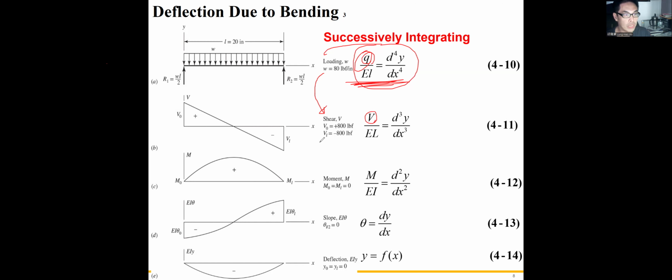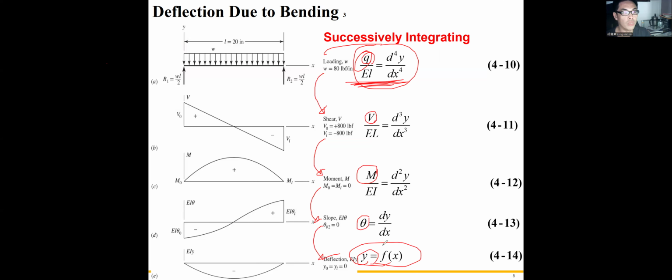Then we take the integration of the shear, we get the moment. Then we take the integration, we get theta, which is the slope. And then we take the integration, we get the deflection. This is what we want.